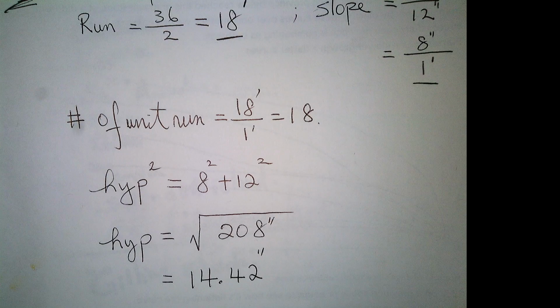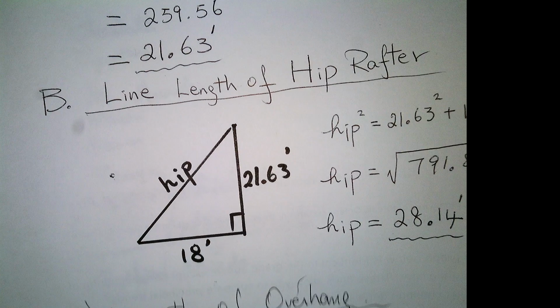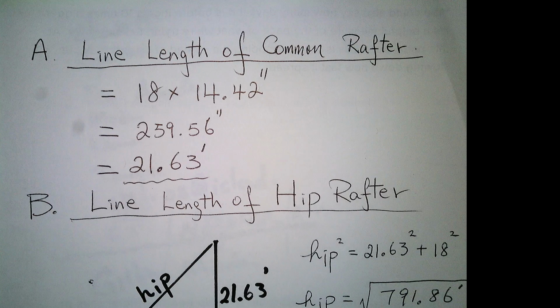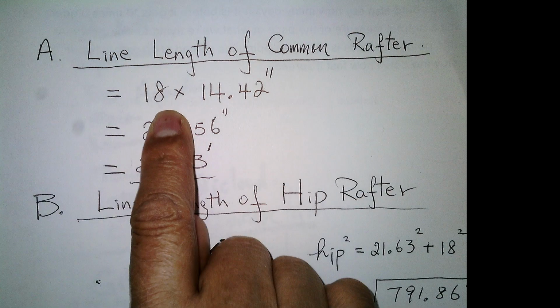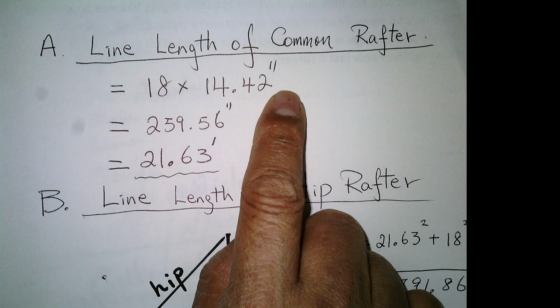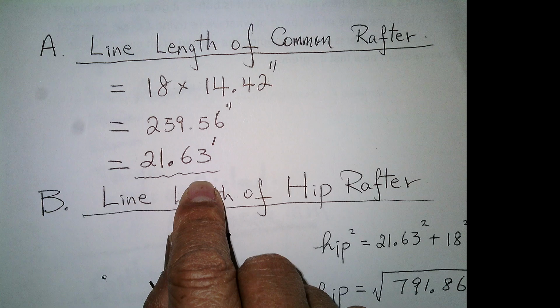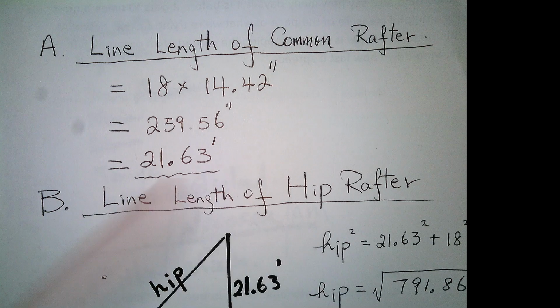And so now the A, the length of the common rafter: the hypotenuse is increased by the same proportion, which is 18. So I multiply the hypotenuse by 18, and that's going to give me the line length of the common rafter.